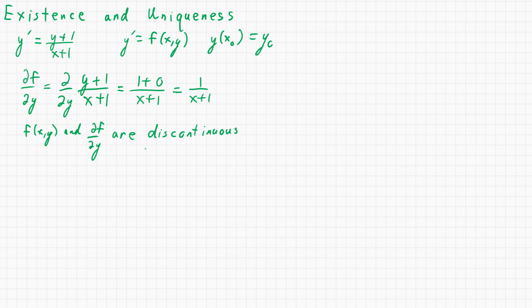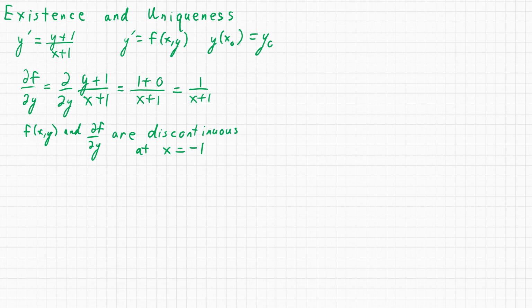Continuous at x is equal to negative 1. All right, so that's going to tell us that as long as our initial condition is y of x naught, where this x naught is not negative 1, we'll have a unique solution. Doesn't matter what y naught is, because this discontinuity is dependent on y. We should be fine.